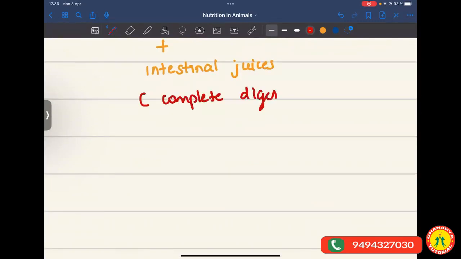This is the result. Complete digestion is the result. Once you go through it, I'll give you a small test of this alone. Complete digestion takes place once it is mixed with all the intestinal juices.